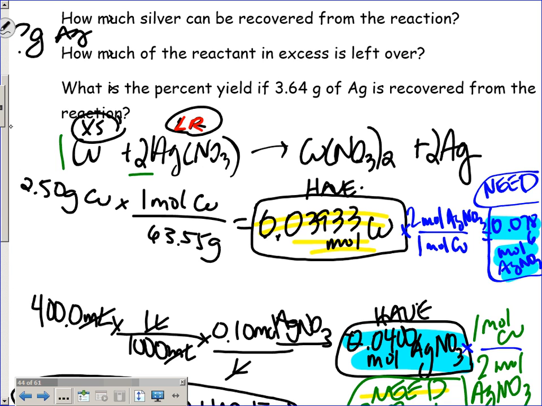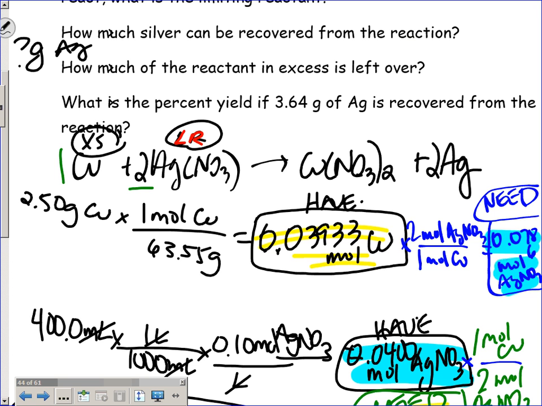Part 4 says, what's the percent yield if 3.64 grams of silver is recovered from the reaction? What is this right here? Actual yield, because it's saying percent yield, so you stop. If I have percent yield, I have to have 2 other things. I have to have actual yield over theoretical yield times 100 to equal percent yield.